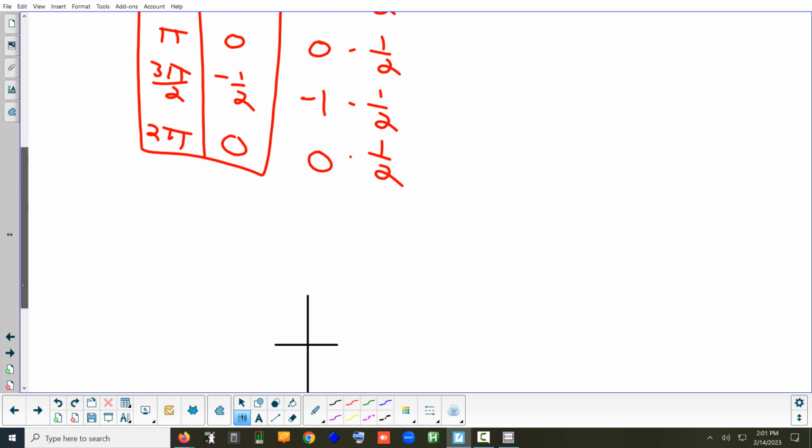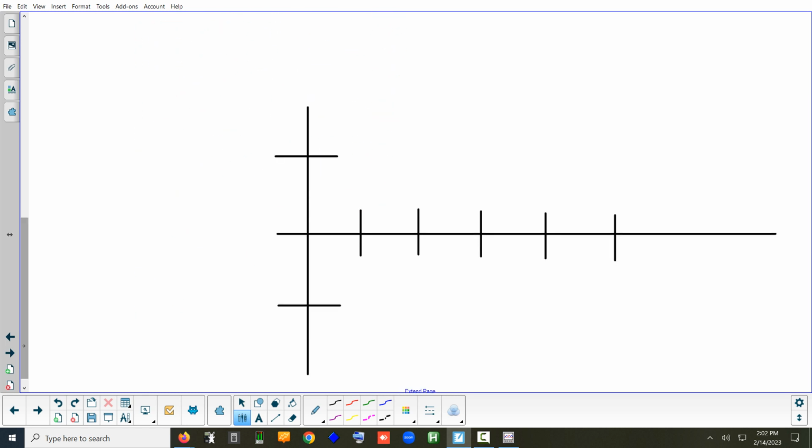Right, let's make our graph. Again, I do the same thing that I did with cosine. I just scale my axes. 0, 1/2, and -1/2. And here, I'm going to go 0, pi over 2, pi, 3 pi over 2, 2 pi. Yes, you do need to label those x values, because if you don't, what do we always assume you're going by if you don't put labels?